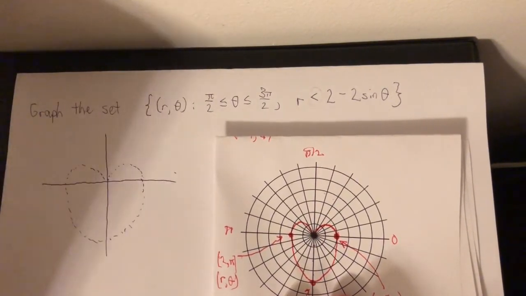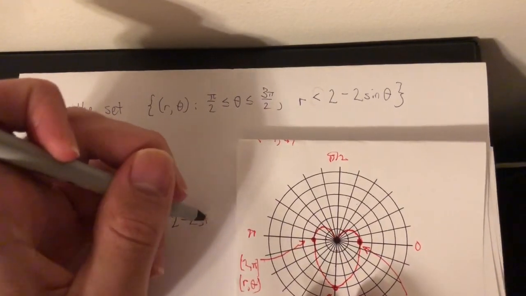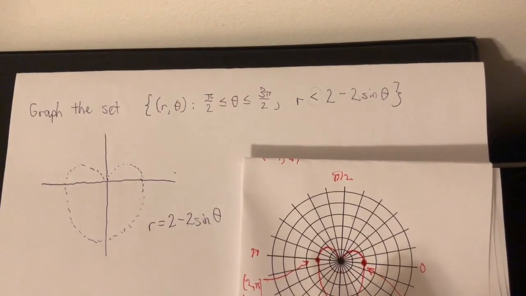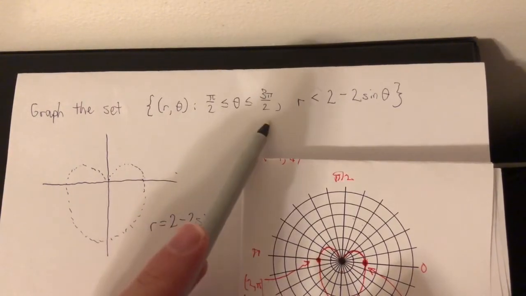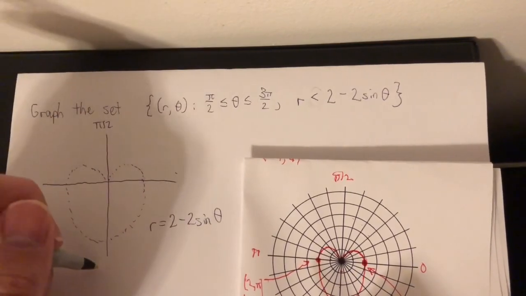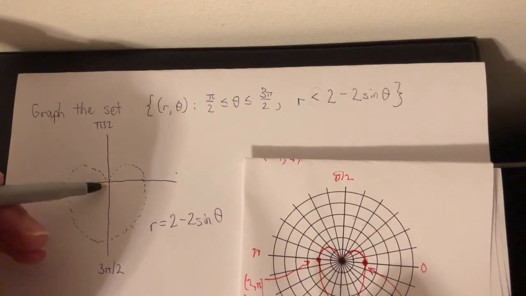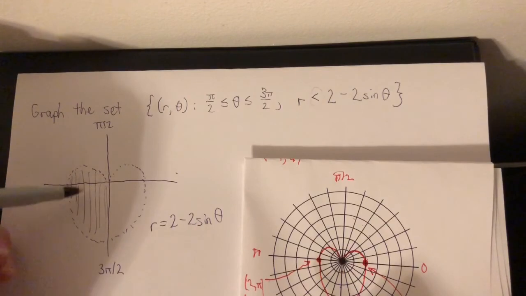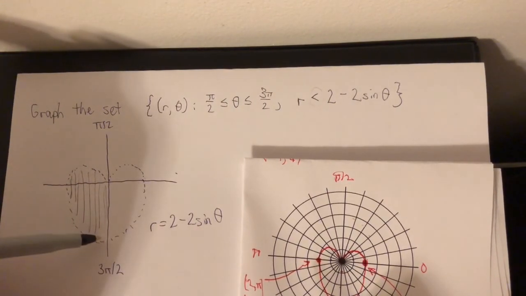So this is my cardioid. r equals 2 minus 2 times the sine of theta. And I'm interested in angles between pi over 2 and 3 pi over 2. So here's my angle of pi over 2. Here's my angle of 3 pi over 2. So I'm going to shade the region inside the cardioid between angles of pi over 2 and 3 pi over 2.